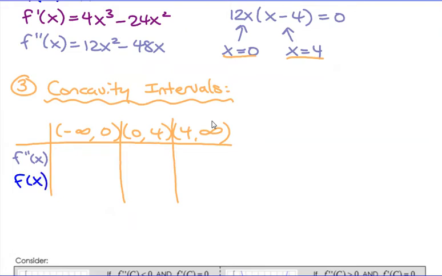Okay, so when I sub the numbers into my second derivative, I get a positive, a negative, and a positive. Now, what does that actually mean about my original function? When your second derivative is positive, you get concave up. So over here, you also have concave up. When you have a negative, it's going to be concave down.